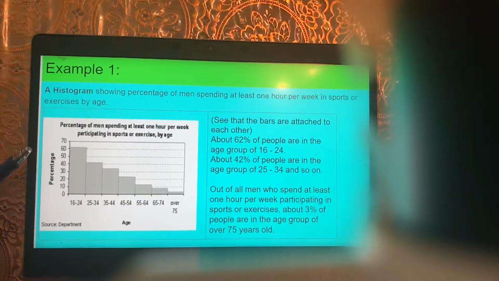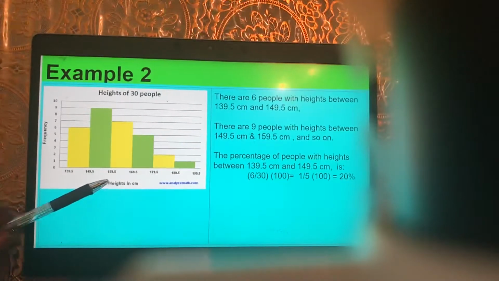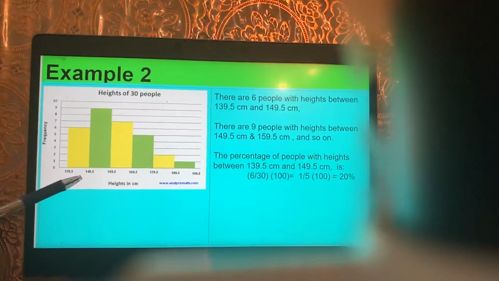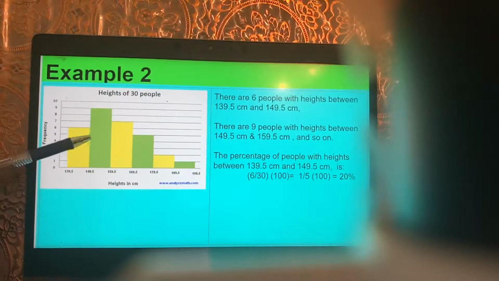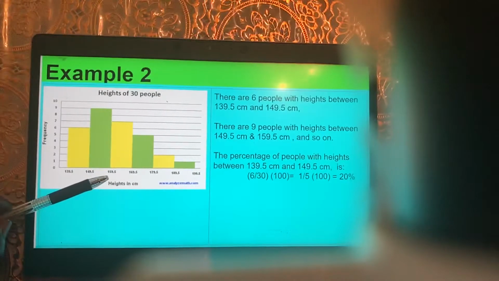So, second example, for instance, heights of 30 people are given here, heights in centimeters, and frequency, how many people are in this height range. Say there are 6 people with heights between 139.5 and 149.5. There are 9 people with heights between 149.5 and 159.5, and so on.